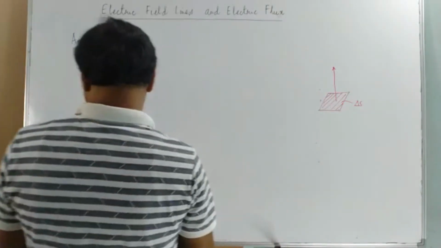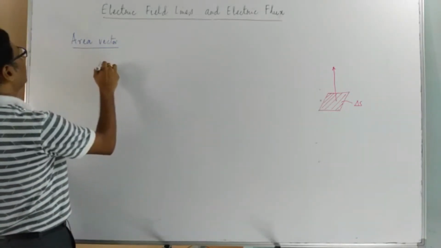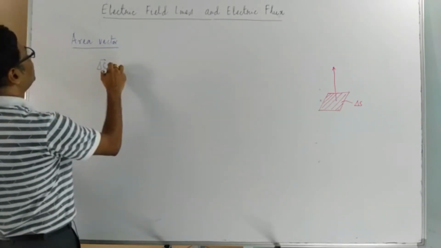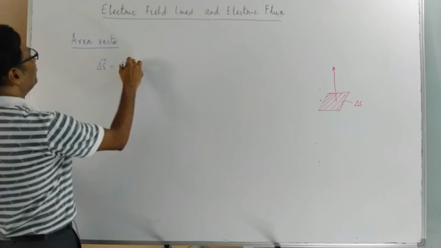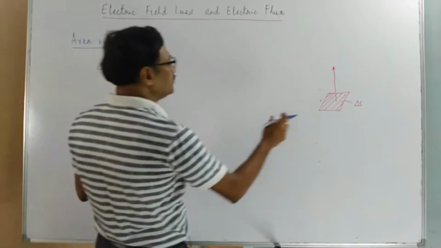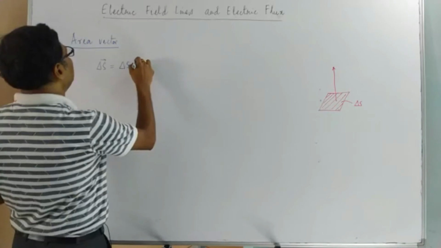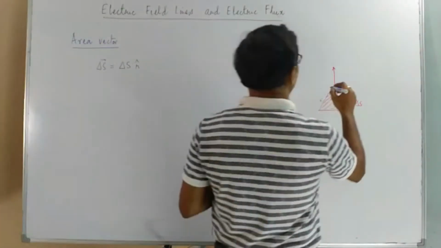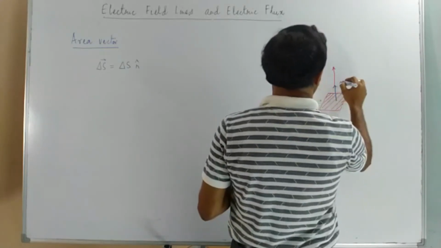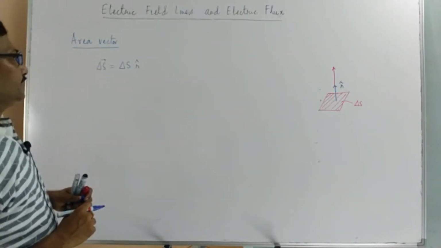Then the area vector is represented as delta S vector, which is equal to the magnitude of this area vector, which is the amount of the area, multiplied with unit vector n cap, where n cap is a unit vector along the outward normal to the area.